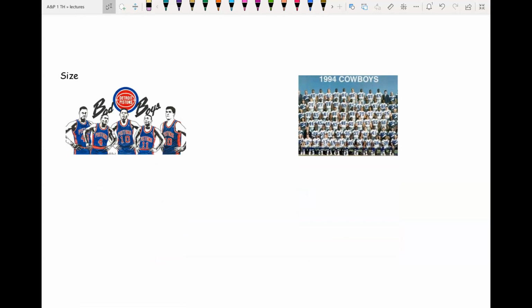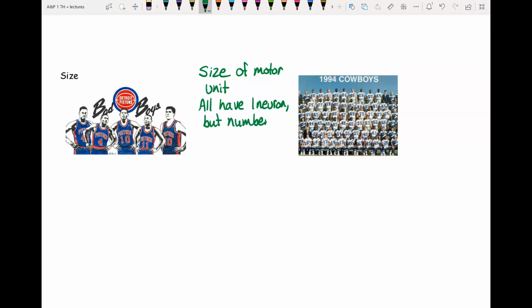Another important feature of motor units is the size of the motor unit. All motor units have 1 neuron, but the number of fibers can vary. So a small motor unit is like a basketball team.